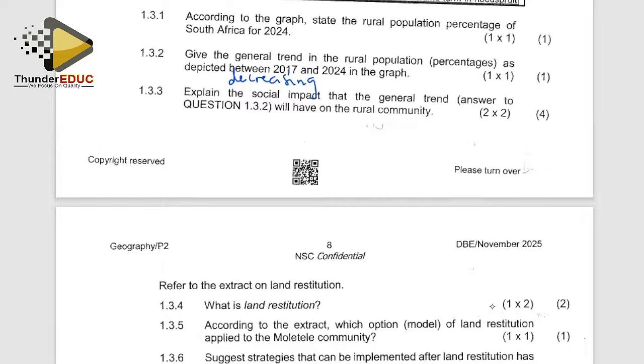Explain the social impact that the general trend, question 1.32, will have on rural communities. Social impact. We are looking at a problem here. This is question number 1.33. I'll just try to indicate here. We're on question number 1.33. We want to look at the social impacts of which problem of a decline.